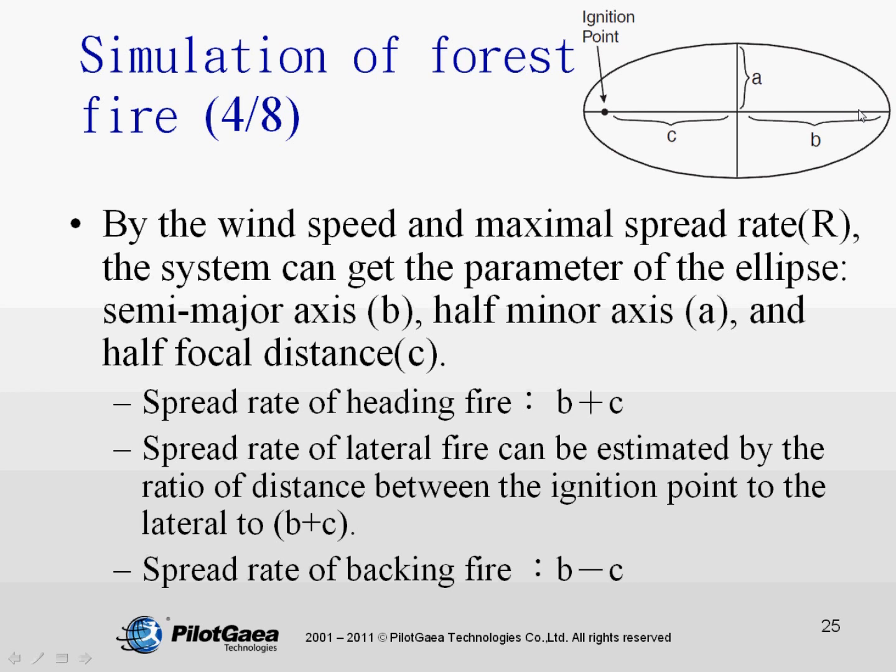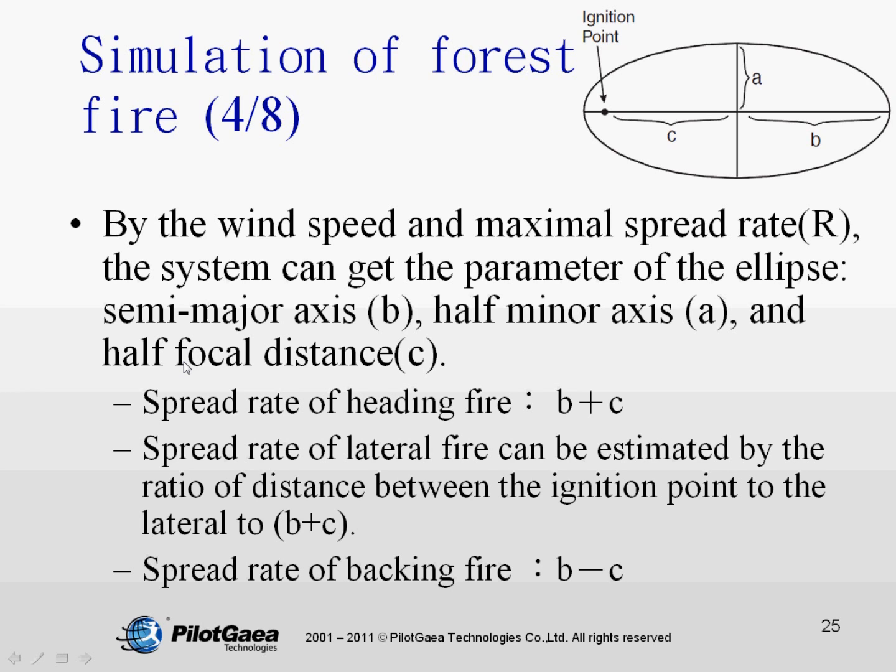By the wind speed and maximal spread rate, the system can get the perimeter of the ellipse. The semi-major axis, half minor axis, and half focal distance. By the three parameters, the system can get the whole ellipse.